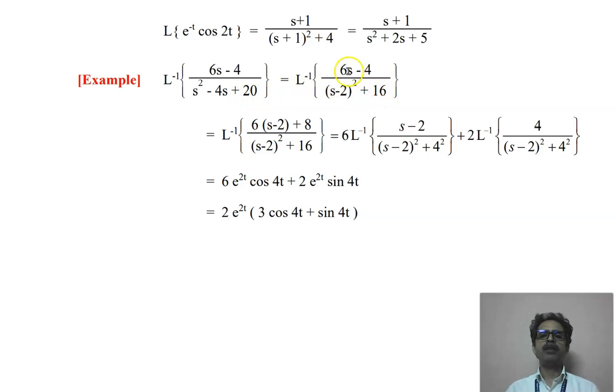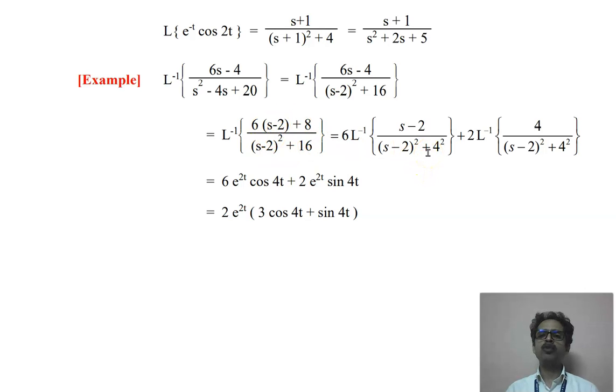In the numerator you make an adjustment because the denominator is a function of s minus 2. Can you make the numerator also a function of s minus 2? Yes, by making a little adjustment, we can make the numerator also a function of s minus 2, because denominator and numerator both are functions of s minus 2.